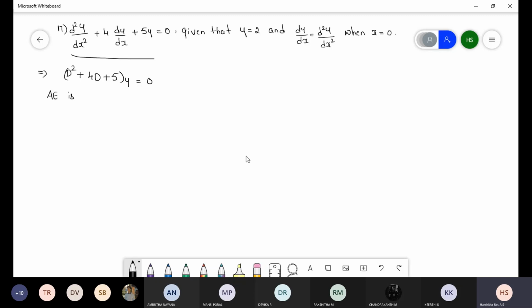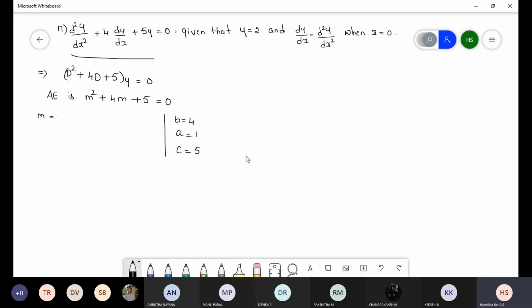Auxiliary equation is m square plus 4m plus 5 is equal to 0. So here we have to use the quadratic equation formula, where b is equal to 4, a is equal to 1, c is equal to 5.